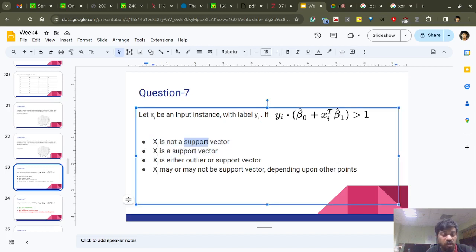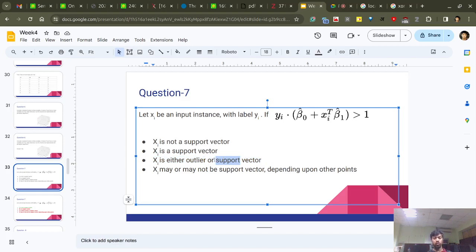We are saying that x must be either an outlier or a support vector. That is not really correct. It can be an outlier, but it cannot be a support vector, because we decided that a support vector is equal to 1. Depending upon the situation, it can be an outlier or a support vector, but we have shown that whatever the situation is, it cannot be a support vector.